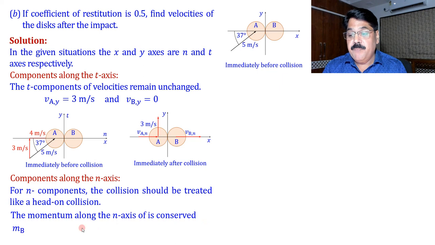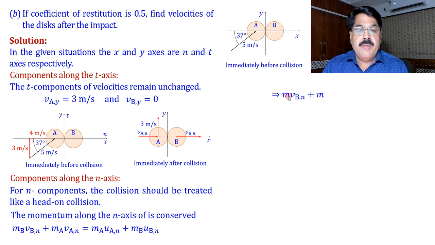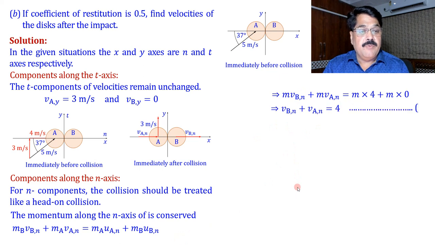So we have Mb Vbn plus Ma Van is equal to Ma Uan plus Mb Ubn. Substituting the values, Mb Vbn plus M Van is equal to M into 4 plus M into 0. Now we cancel out the M from the entire equation and get Vbn plus Van is equal to 4, equation number 1.